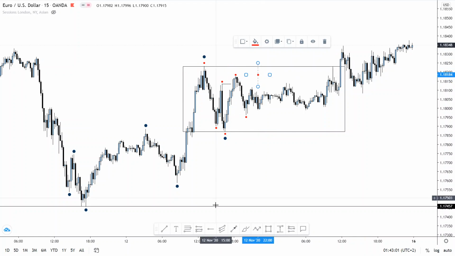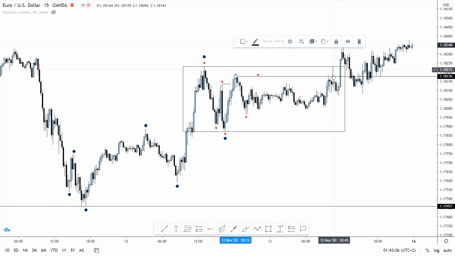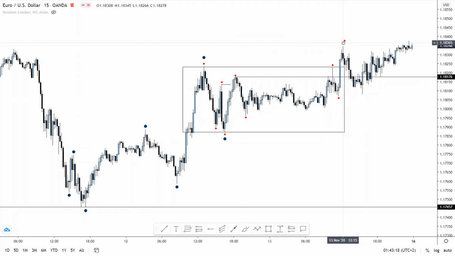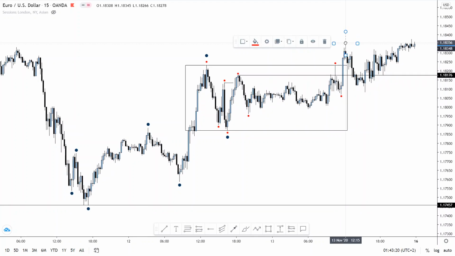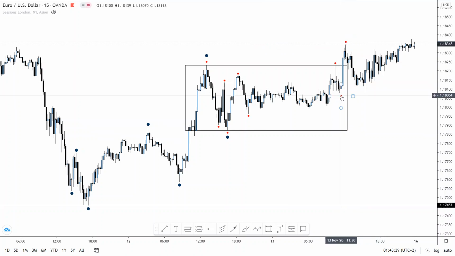We made a higher high here. Let's see. We broke above here. It will be clear on a lower time frame. You can see even price, look at this low.